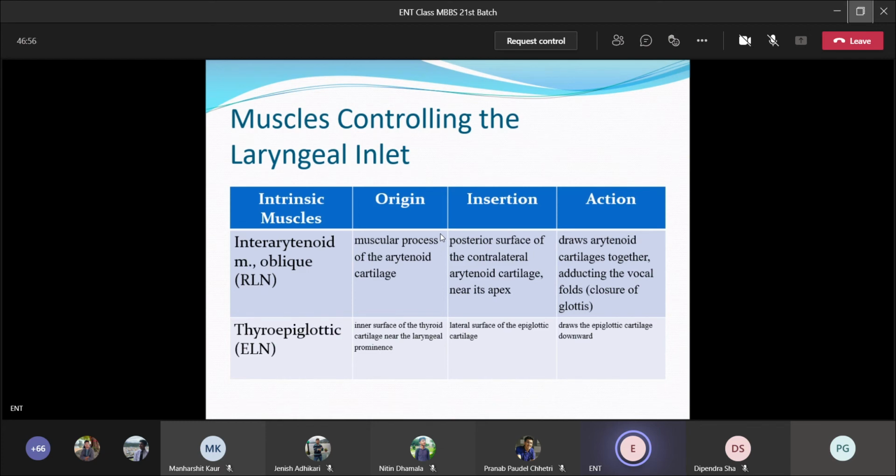And thyroepiglottic: the origin is the inner surface of the thyroid cartilage near the laryngeal prominence. The insertion is the lateral surface of the epiglottic cartilage, and the action is to draw the epiglottic cartilage downwards. So these are the muscles controlling the laryngeal inlet.